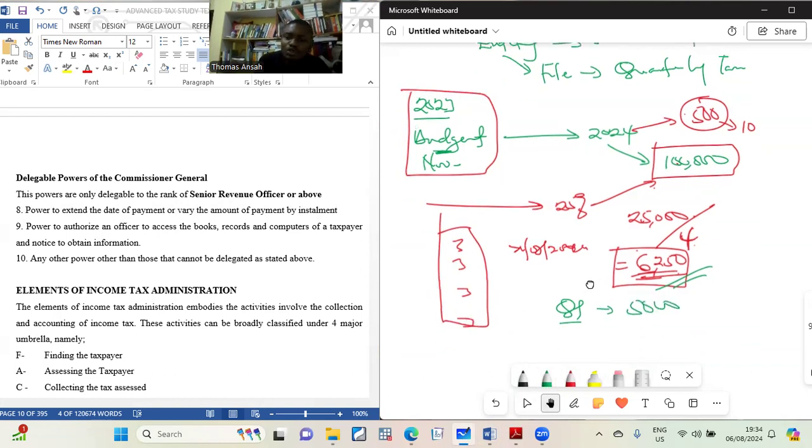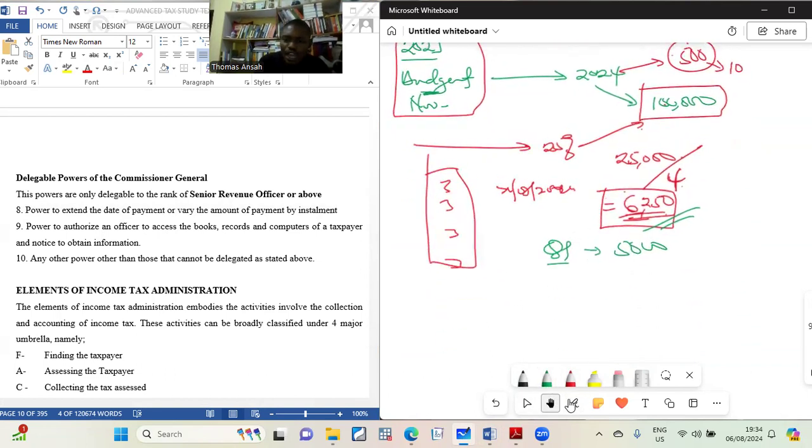By the time we get to quarter 2, maybe I have gotten more money. So in quarter 2, I will pay the 6,250 plus the 1,250 that I didn't pay in quarter 1. So you vary it. You vary the date. Instead of paying it on exactly the same quarter, you will actually do it on another quarter.